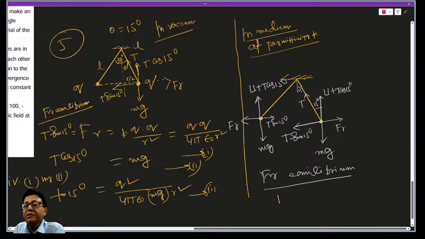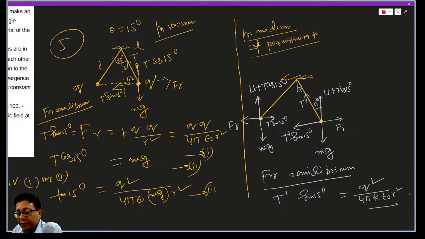This time, write the tension as T dash, because the same tension won't be there, isn't it? T dash sine 15 is 4 pi K epsilon 0 R square. You agree or not?